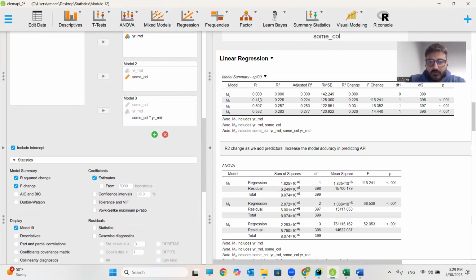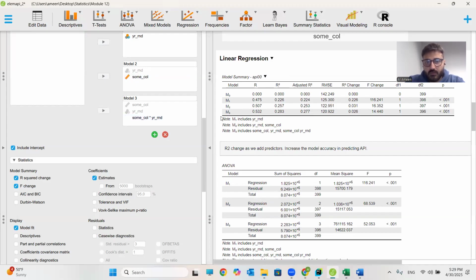So we can see the R values being reported here for each model and the R squared value as well, which can be a prediction of the accuracy of each model. So R squared for the first model has a value of 0.226. If we add some college to the next model, we can see the R squared increases a little bit.